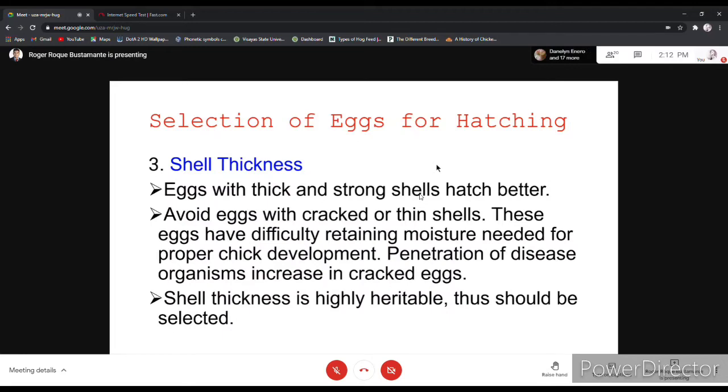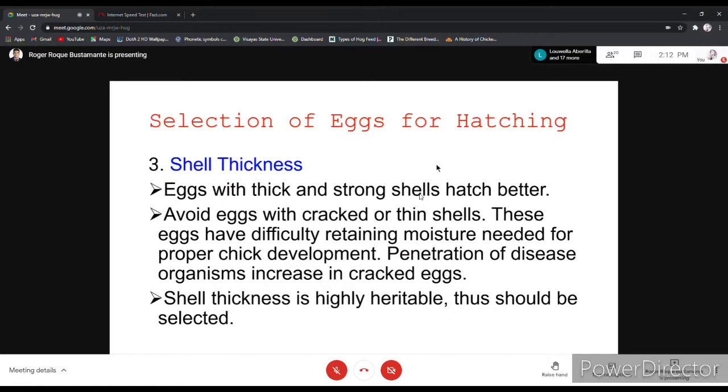Now, thicker shells hatch better. For thin-shelled eggs, the breaking strength is too low. They are fragile and crack easily, and eggs that crack easily are easily contaminated. So avoid eggs with cracked or thin shells.